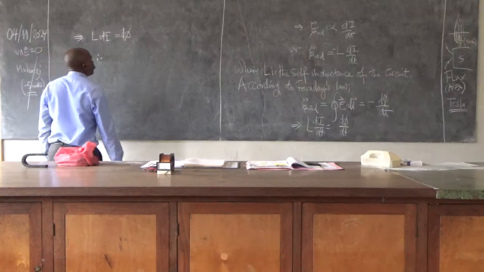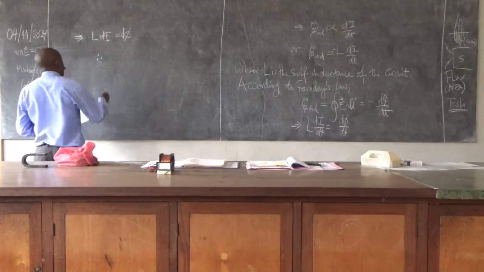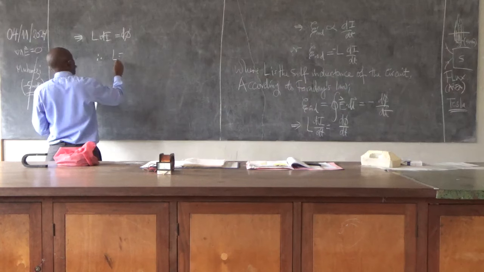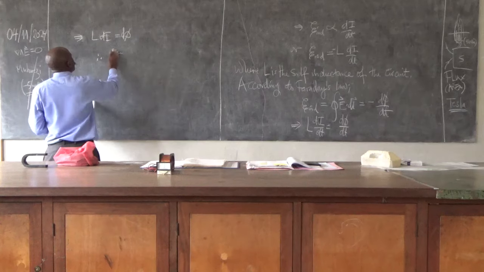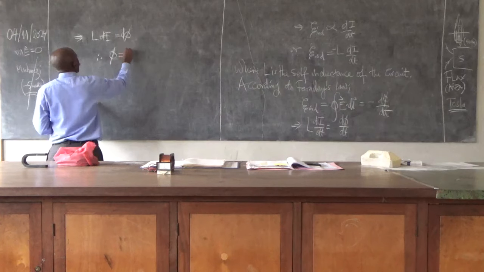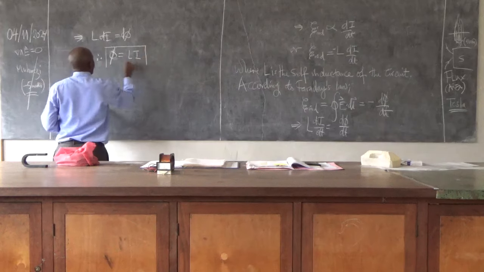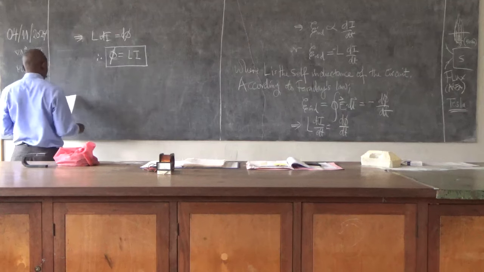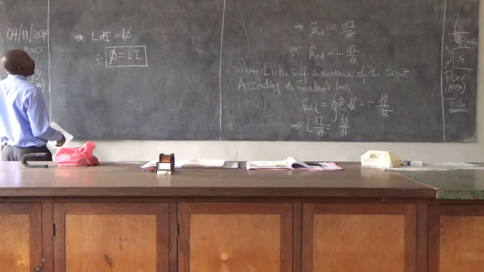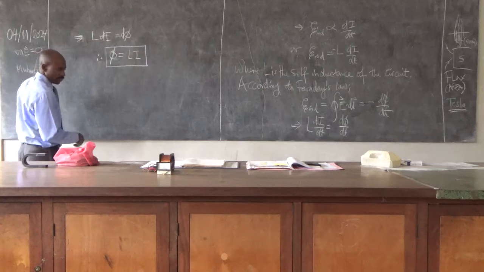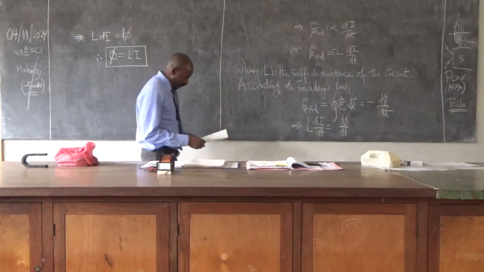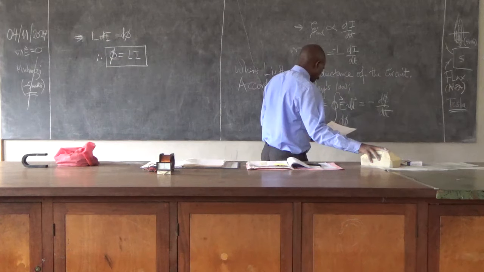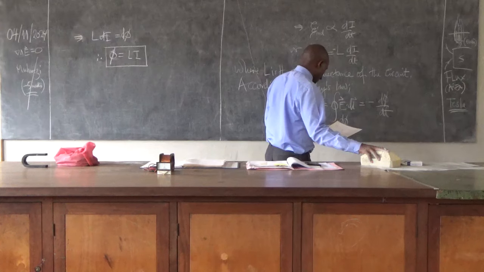If we integrate both sides to get the total, then the flux will be equal to L I. I'm not doing the right thing, I should have just left it as it is.